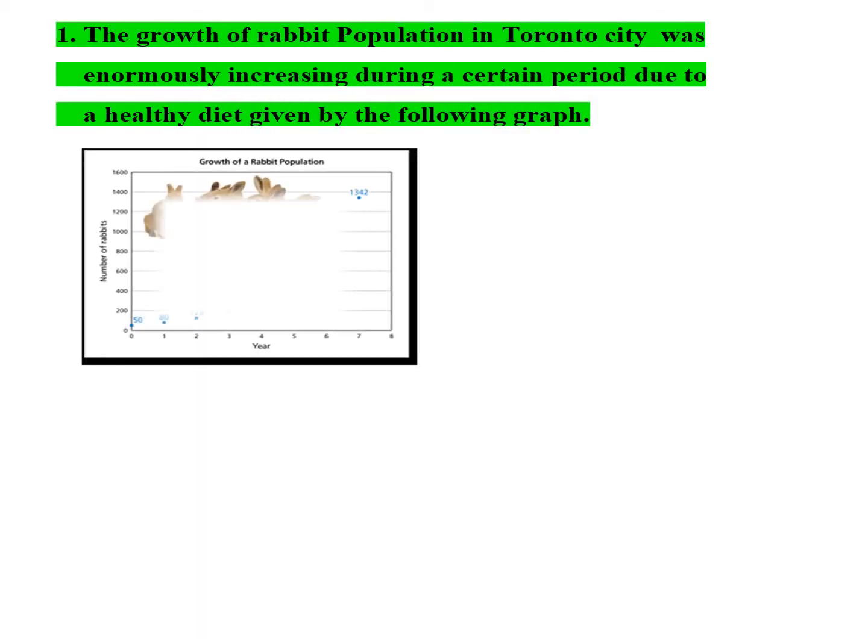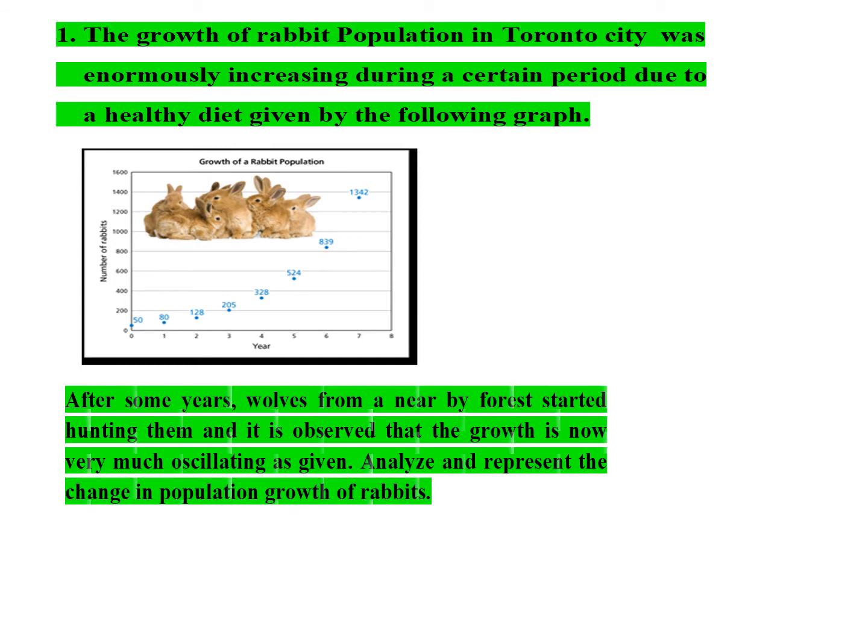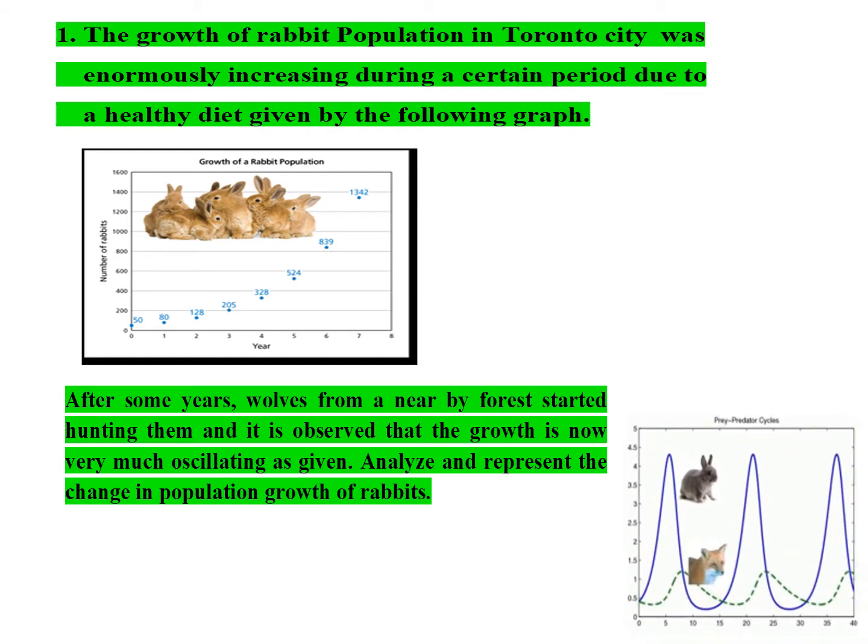Let us see a problem here. The growth of rabbits in Toronto city was enormously increasing during a particular period in view of the healthy diet they had been given, and it was shown by the following graph. But it is observed that after some time the population growth of the rabbits got affected due to some wolves from a nearby forest hunting the rabbits, and the growth of the rabbit population after that was very much oscillating, given by this graph.